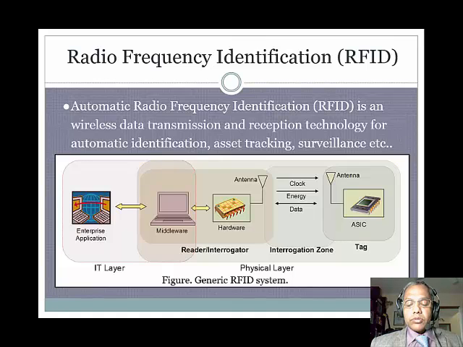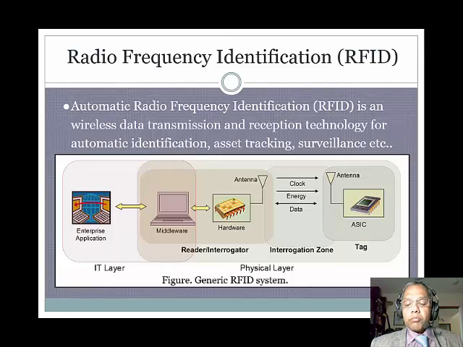The tag contains the identification data. The tag has an application-specific integrated circuit, in short ASIC, and an antenna. The ASIC is the culprit that makes the tag expensive and uncompetitive for mass deployment.